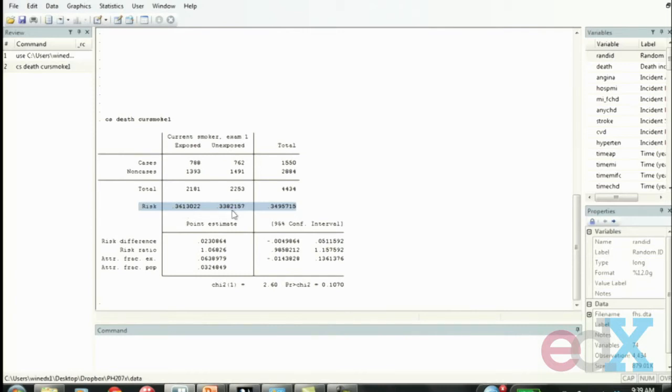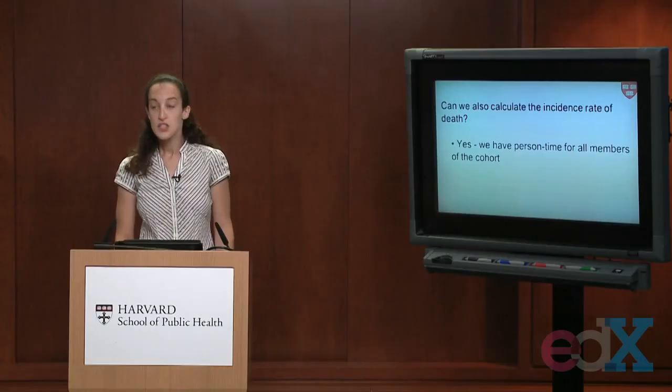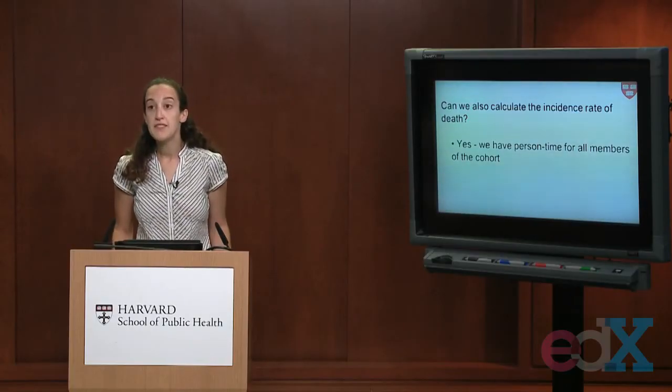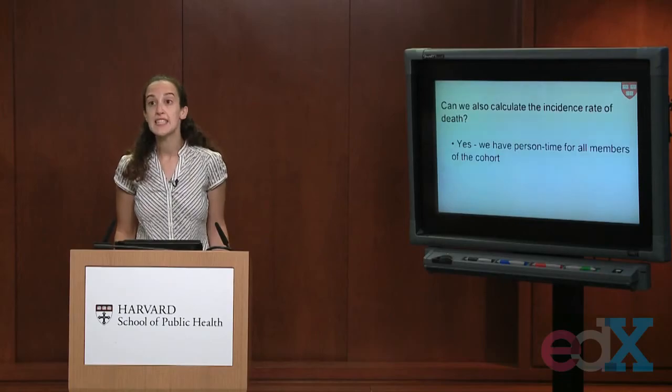In comparison, for non-smokers, the cumulative incidence of death was 0.338. This means that 33.8% of non-smokers died. So we can see that the cumulative incidence of death is higher in smokers than in non-smokers.